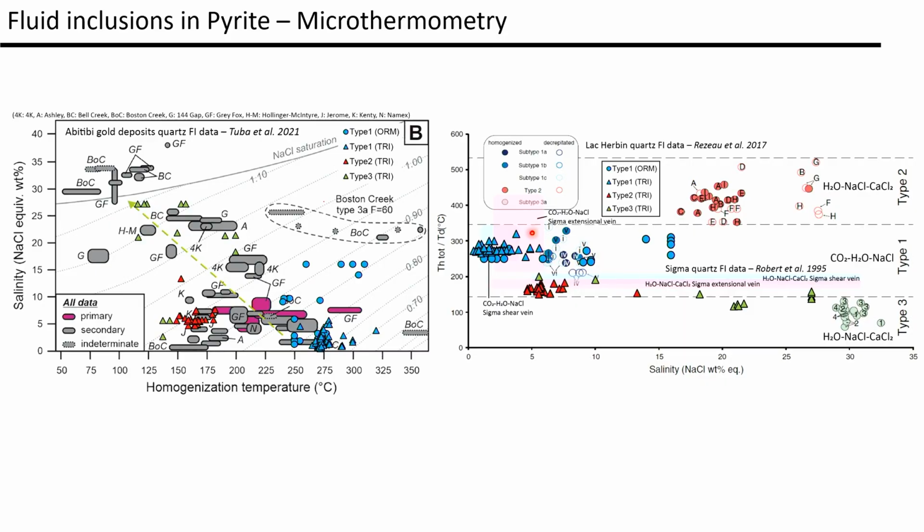And finally, the pink and blue squares correspond to the data from Robert 1995 that they got in Sigma, from the fluid inclusions in the quartz of the Sigma mine. We also have the same range for the aqueous carbonic and a similar range for the aqueous salty fluid inclusions.